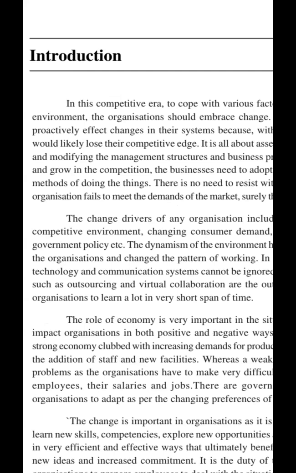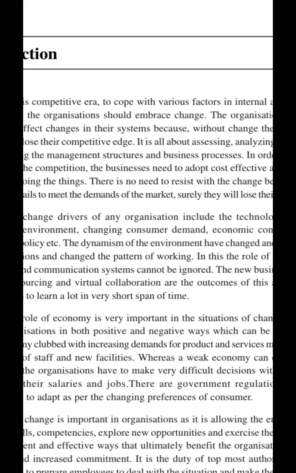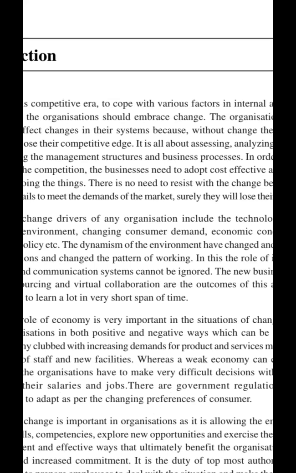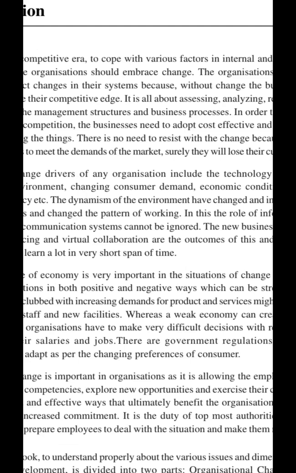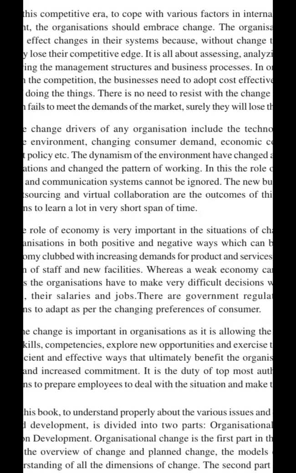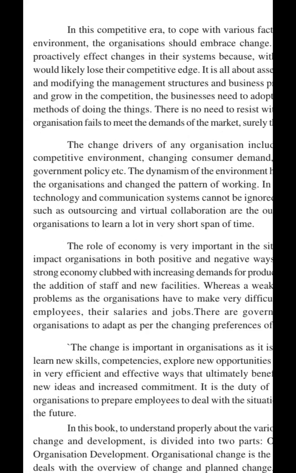It is all about assessing, analyzing, reviewing, and modifying the management, structures, and business processes in order to sustain and grow in the competition. Businesses need to adopt cost-effective and efficient methods of doing things.